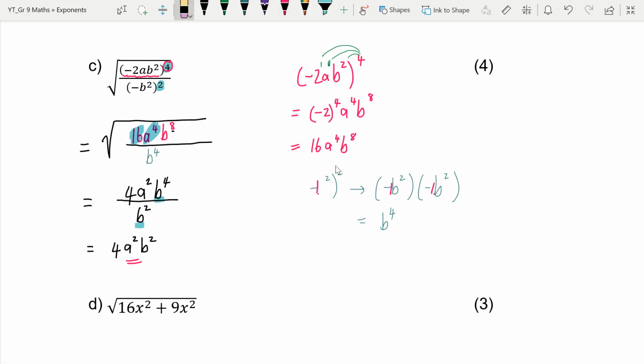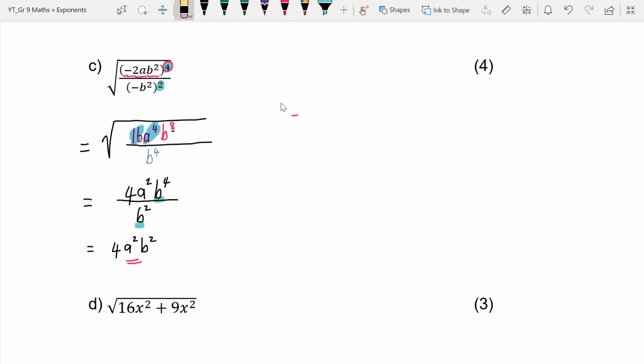Now, could we have done this? Let me just create a bit of space. So from that step over there, under the square root, let's say your thinking was to simplify it there already by saying it will become 16a to the power of 4, b to the power of 4, because you simplified those two underneath the square root already.